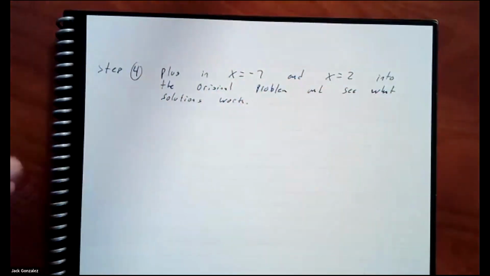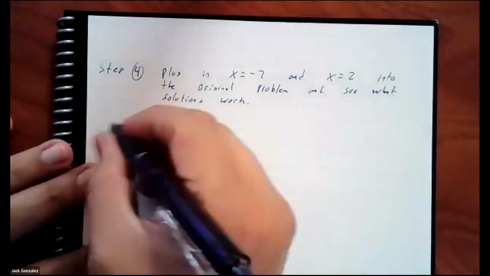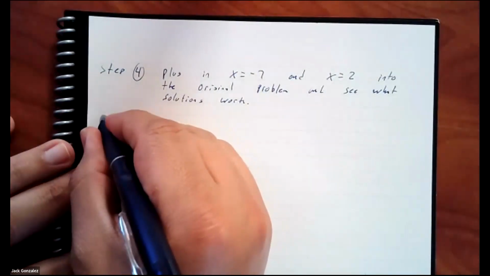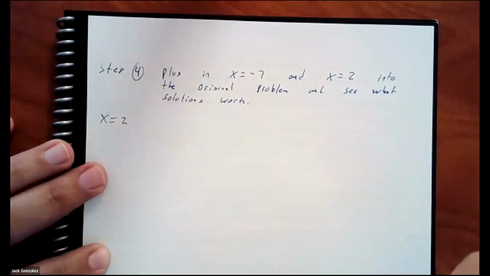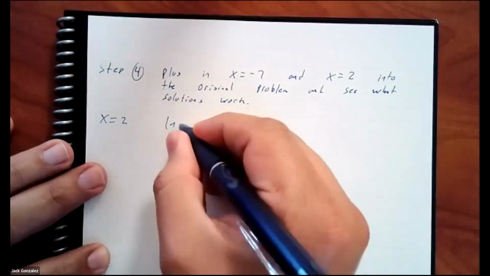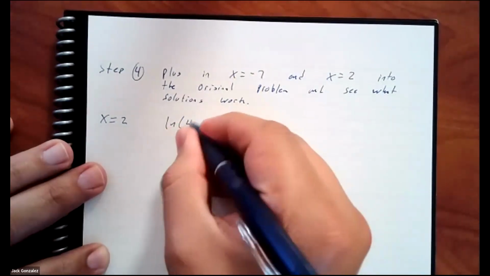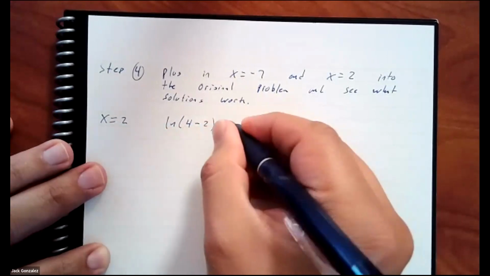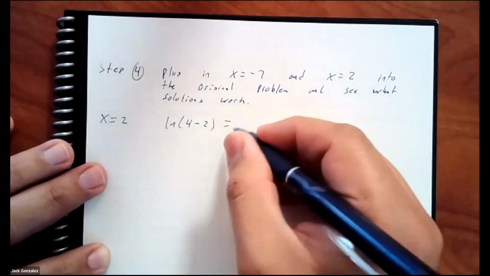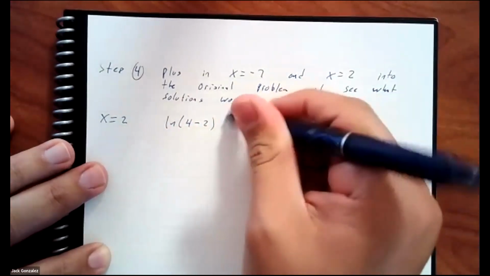In other words, what is the true solution? So x equals 2. Oops, there's a plus here.